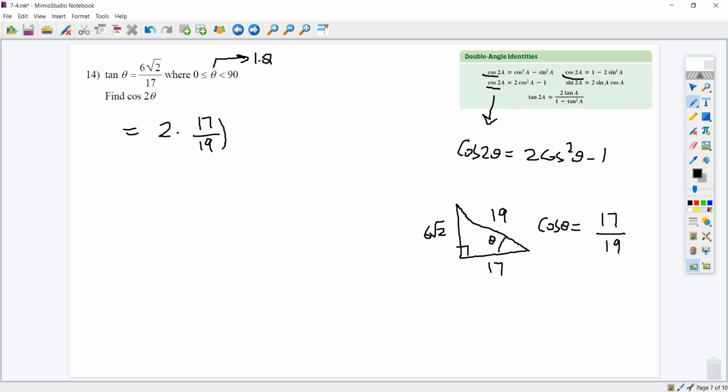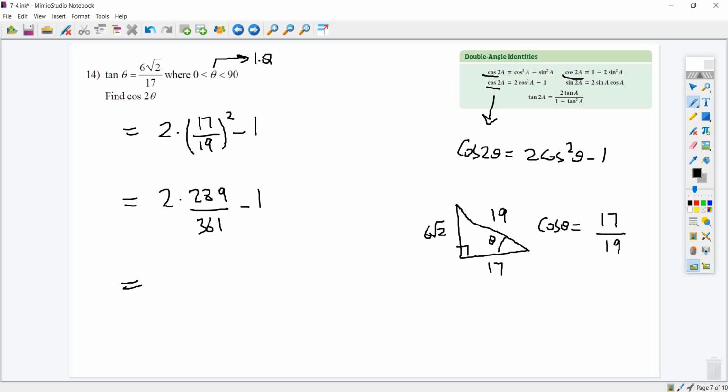Then I'm going to square this one and subtract a 1 from that. That is 289. If you square the 17 over 19, that's 361 down here, and minus 1, right? So this is what we will have.